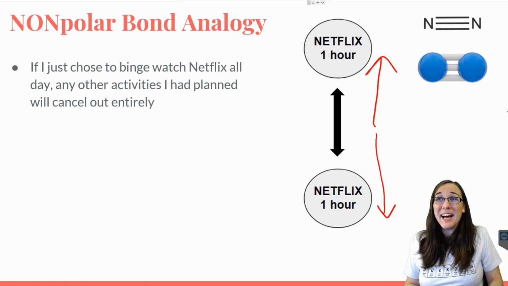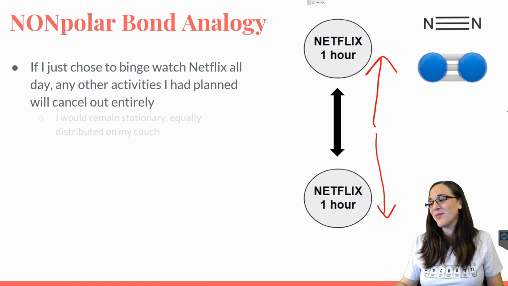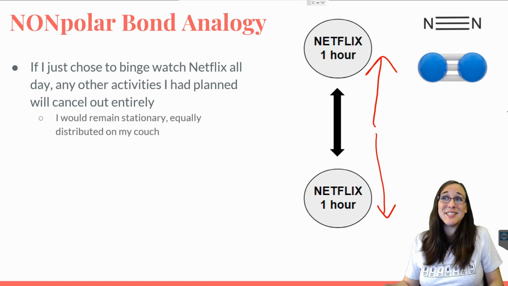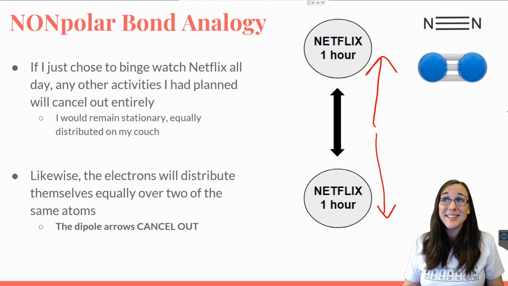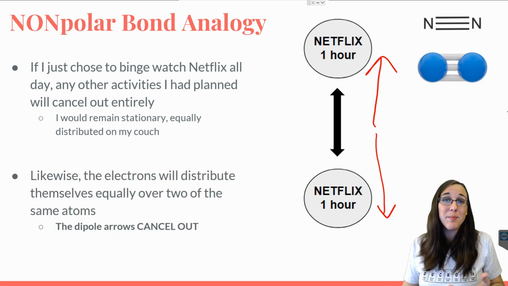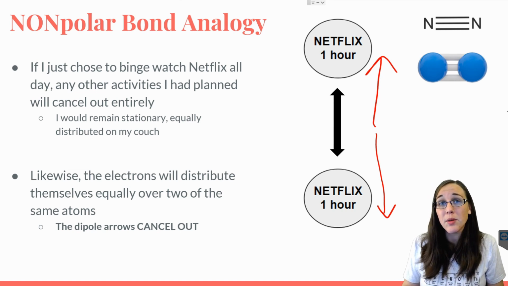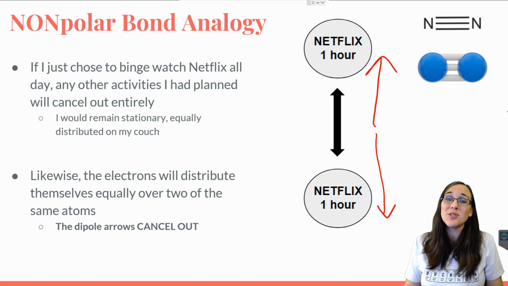I don't get anything done. I'm binge watching Netflix all day, so I would remain stationary on my couch doing nothing. Likewise, electrons that are traveling about a molecule or across a bond, in terms of a nonpolar bond, are always going to cancel each other out if they distribute themselves equally on both sides.